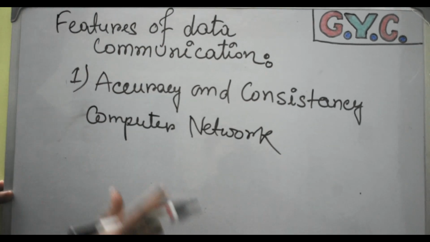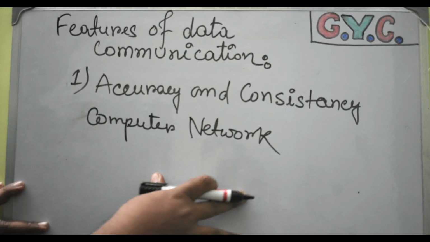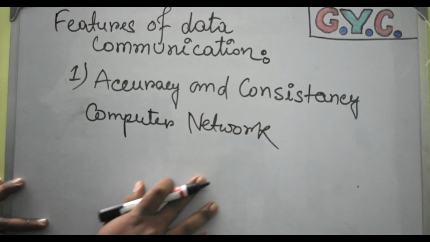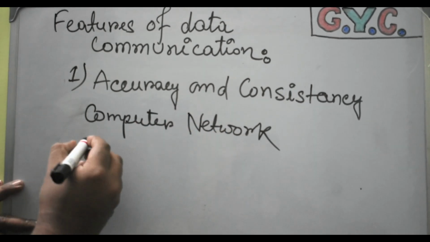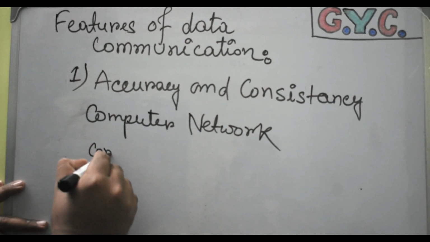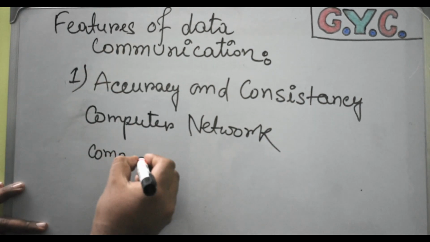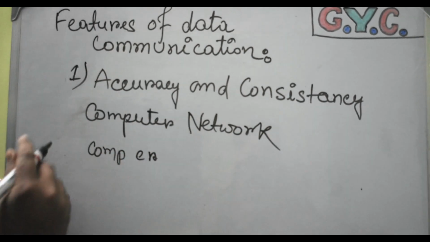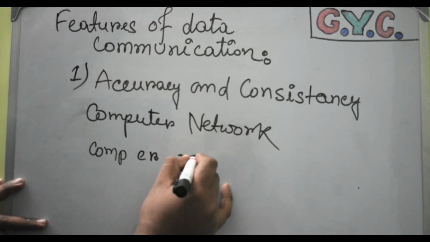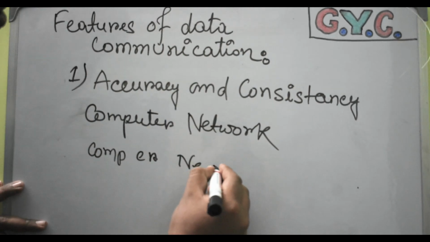But when your friend receives the message, he sees that there is written "comp", then U is not there, T is not there, ER is there. Then in "network", there is NE, WOT is not there, RK.